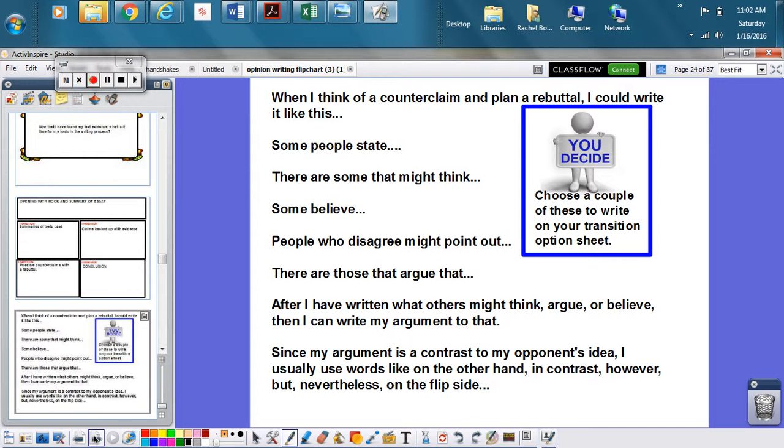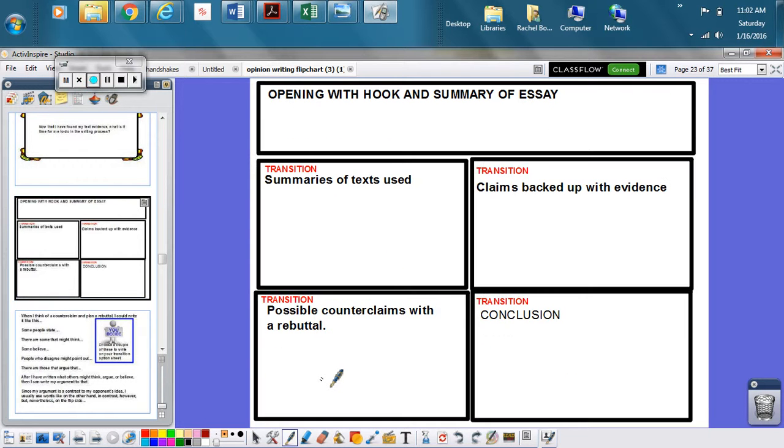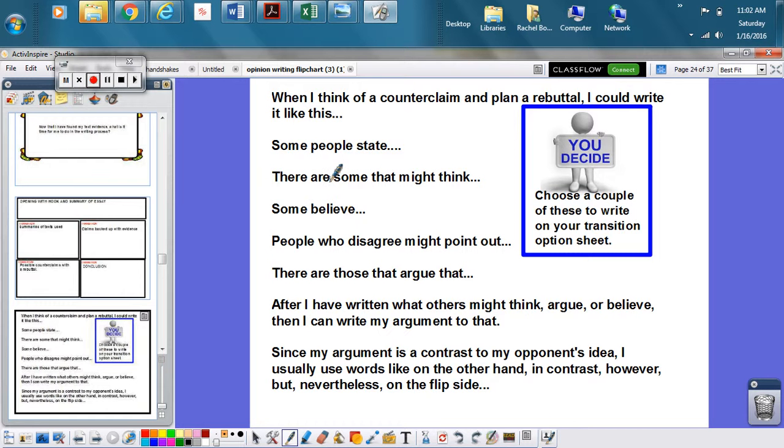What we also pointed out with students, and this will be good for them to remember, is that when I am getting ready to write my information in this box, these are some of the phrases that I might use in going into the other side's counterclaims. I might write, although I believe that texting does not or does ruin your grammar, some people state that texting does not.